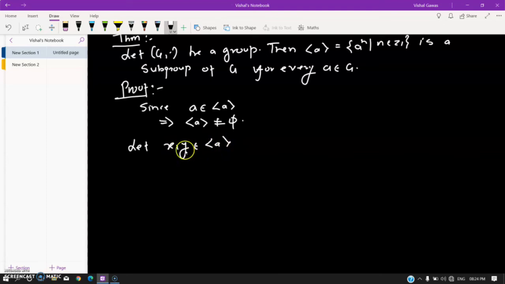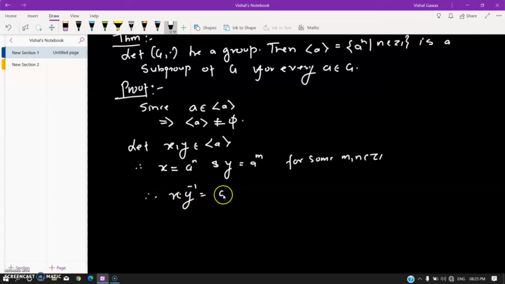Therefore x would be equal to some a raised to n, and y would be equal to some a raised to m, for some m, n in Z. Therefore x times y inverse is a raised to n into a raised to m inverse, but we have already seen that this is nothing but a raised to n into a raised to minus m.